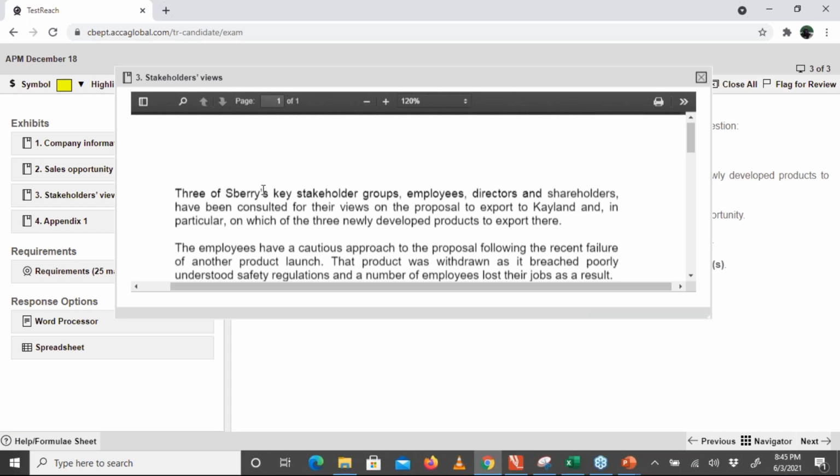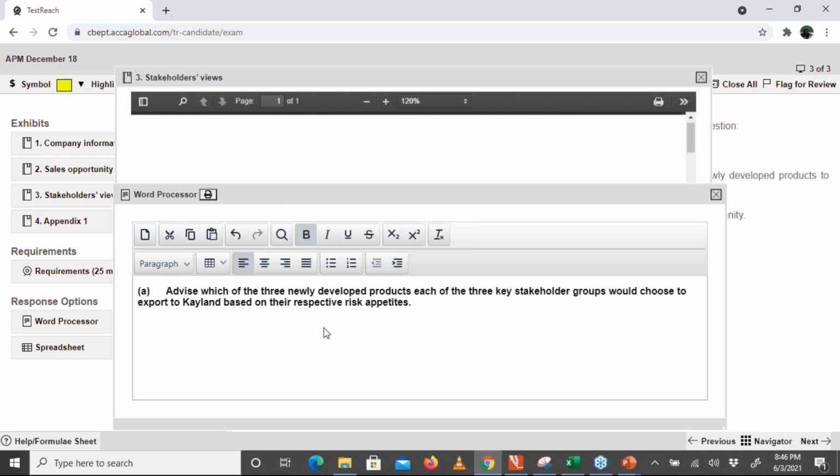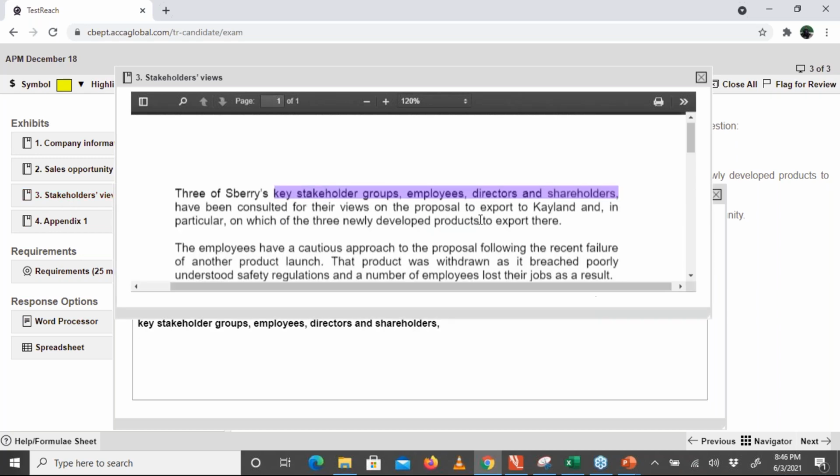So who are the key stakeholder groups? It's actually the employees, the directors, and the shareholders. They have been asked to provide their views on the proposal to export to K-Land and in particular on which of the three newly developed products to export there.